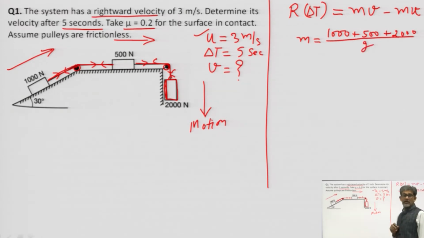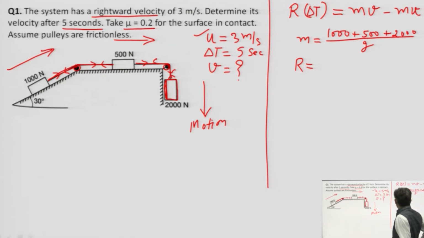So, this will be the value of m. Delta t is known to us. Therefore, if the value of R is known, then we can calculate the value of V.